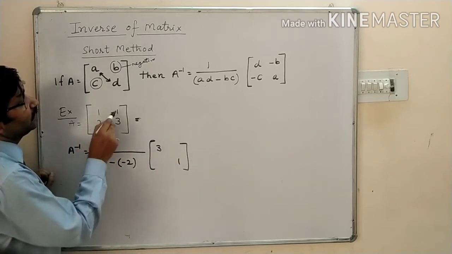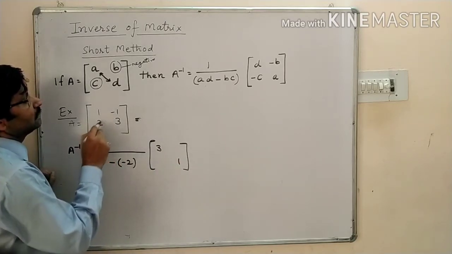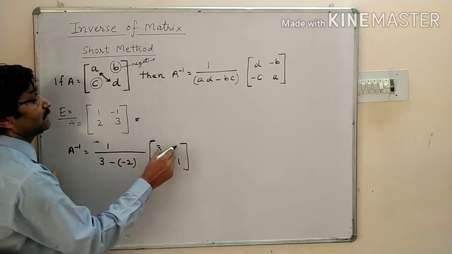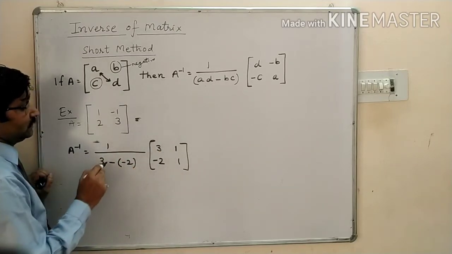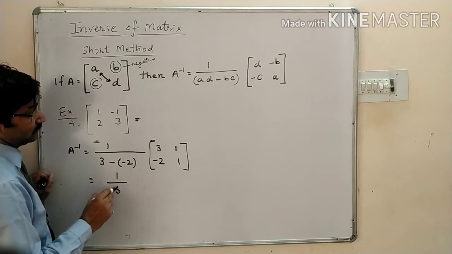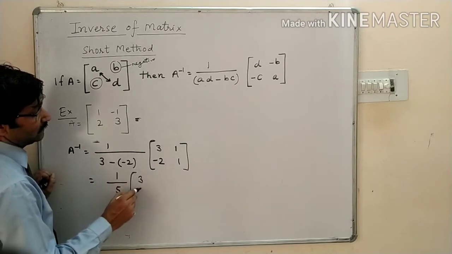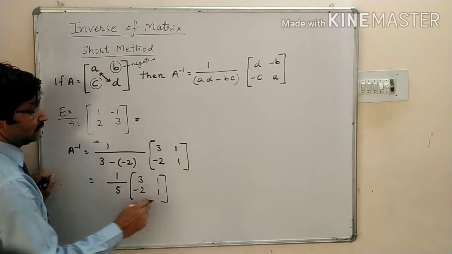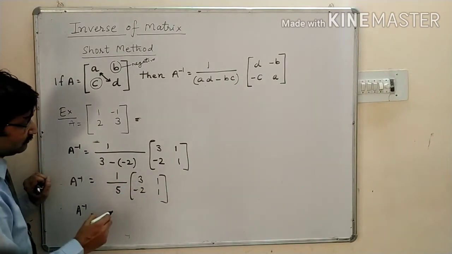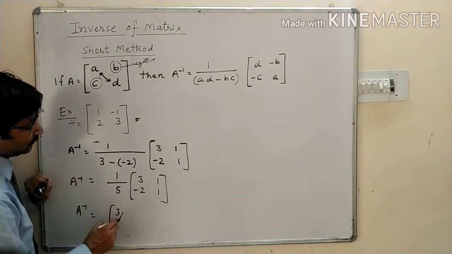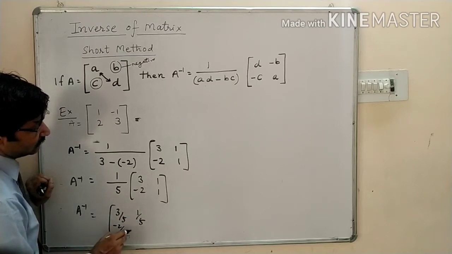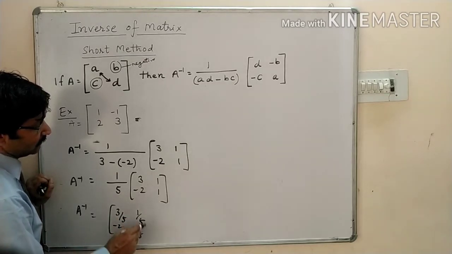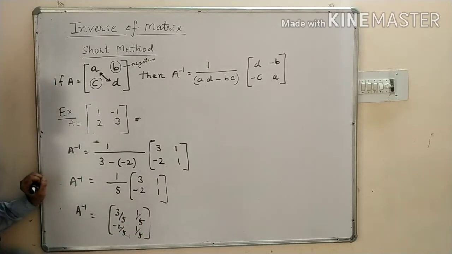Interchange these. The remaining elements you do the opposite sign, so minus 1 will be 1 and 2 will be minus 2. Now you solve these, you get 1 upon 5 and the matrix 3, 1, minus 2, 1. Now you write the matrix by 1 upon 5: you get 3 upon 5, 1 upon 5, minus 2 upon 5 and 1 upon 5. These you will get. Okay.